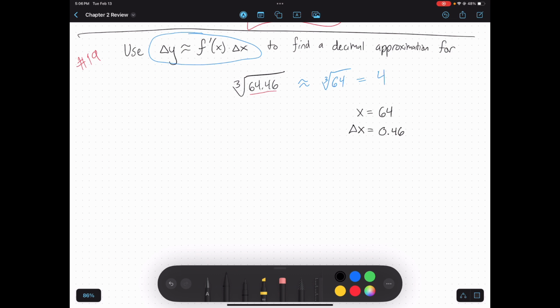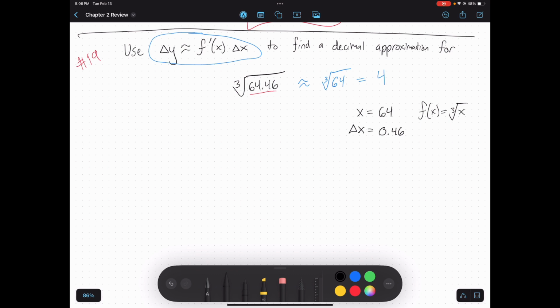Well, what is f of x in this case? What function am I actually applying? What am I actually doing to this number? My f of x is the cube root of x.